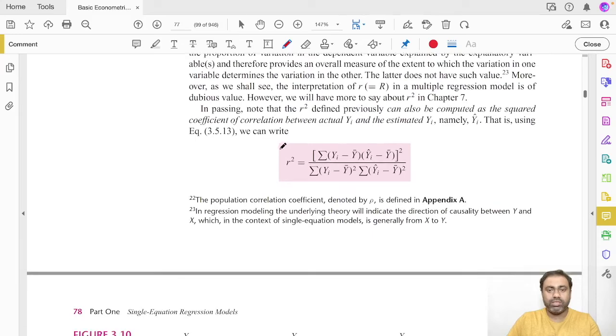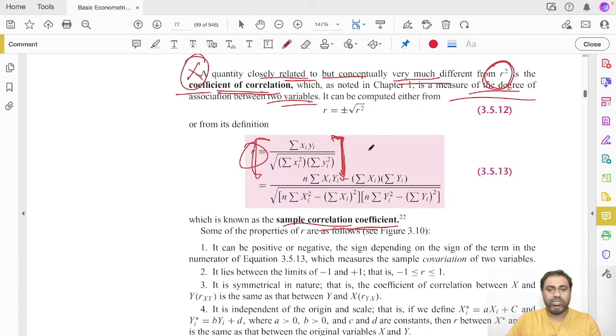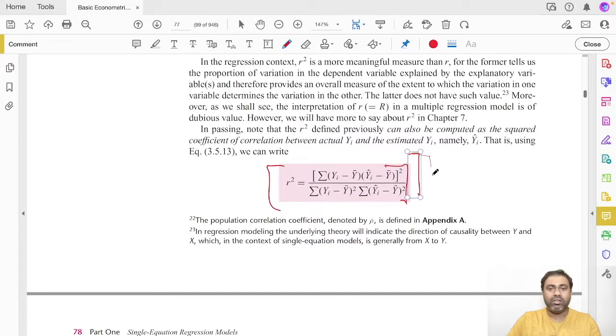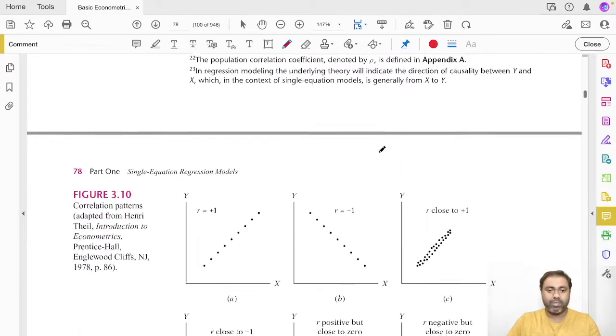We must understand all these terms. This is the correlation coefficient, and this is your r. So what does this mean? Coefficient of correlation between x and y, where yi is actual and this is estimated yi, namely y hat, r squared, the coefficient of determination.